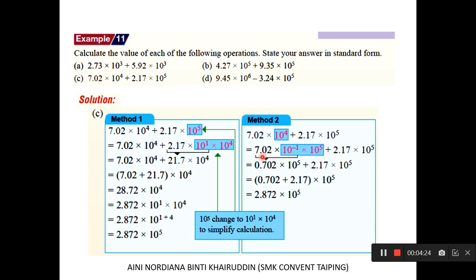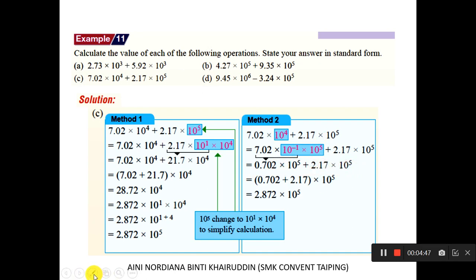This is for the first number. The second number remains unchanged. So 7.02 times 10 to the power of negative 1 equals 0.702 times 10 to the power of 5, plus this number remains unchanged.